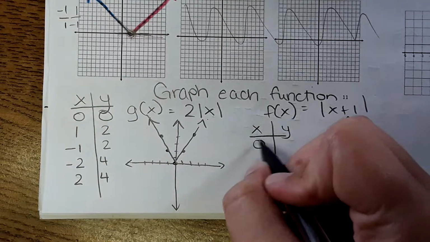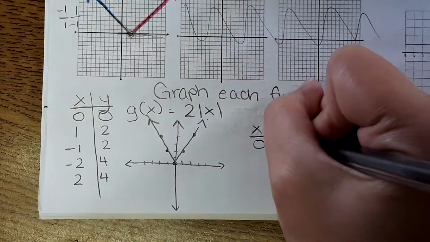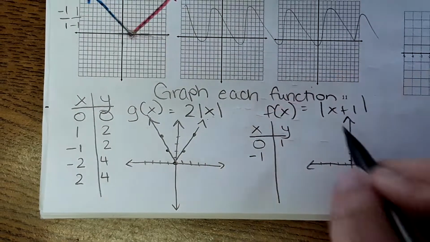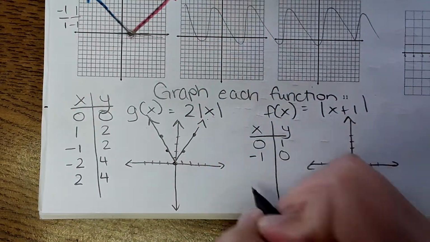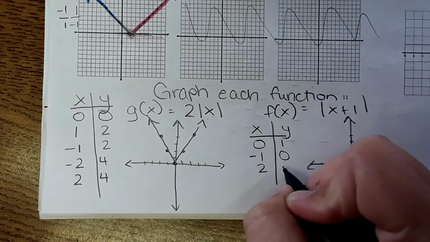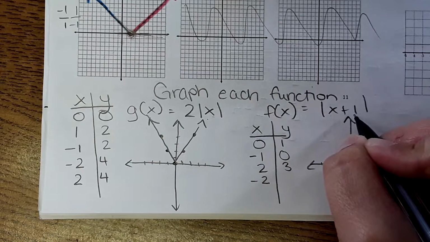Okay, so plugging in, let's say 0. 0 plus 1 would just be 1. Plugging in -1, I just get 0. +2, I'd get 3.